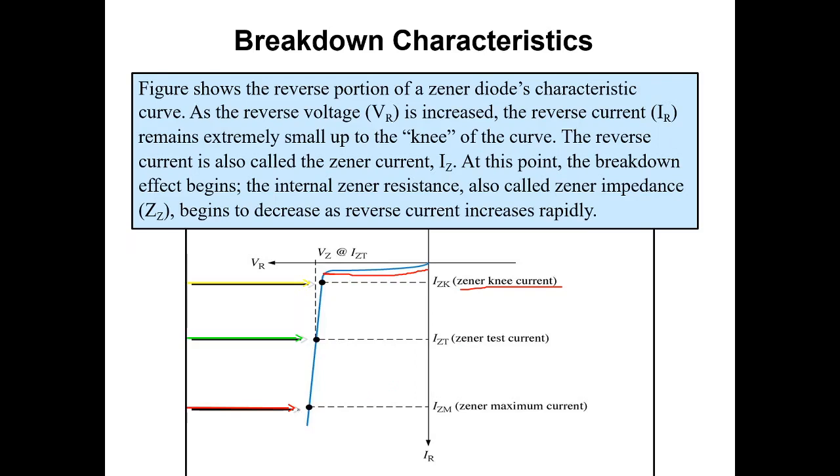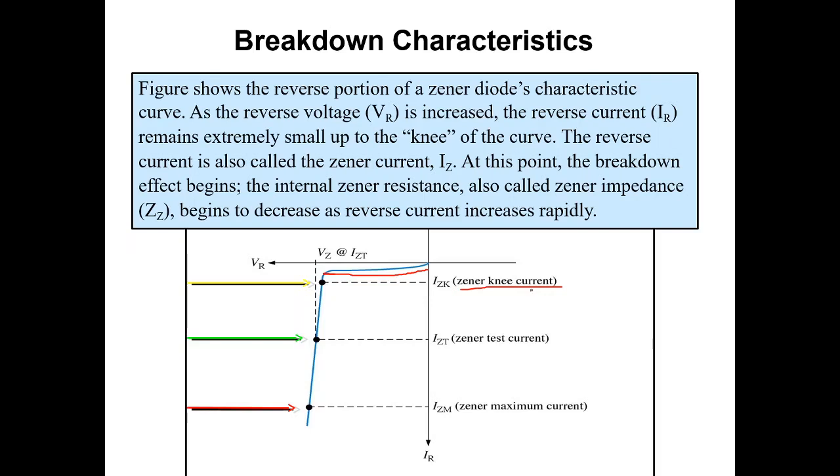And wherever it reaches the maximum, extremely high amount of current, we call it the Zener maximum current. At the point where the breakdown begins, the current increases, and that current is called the Zener knee current.